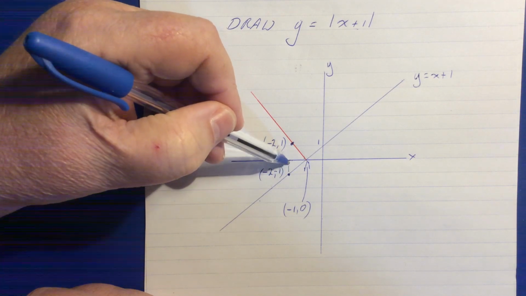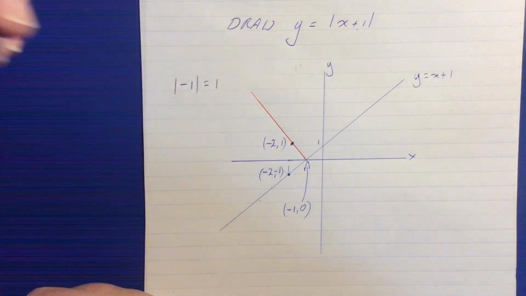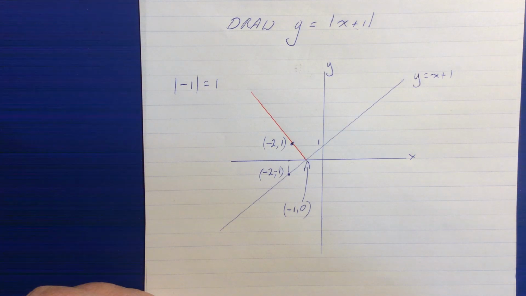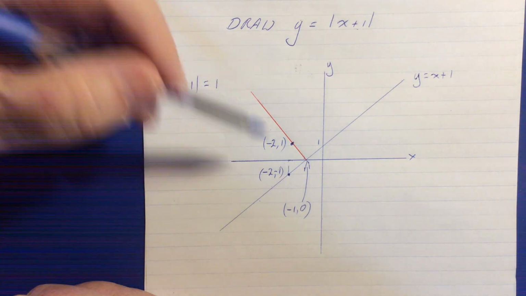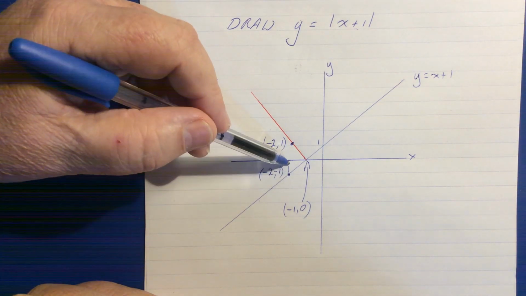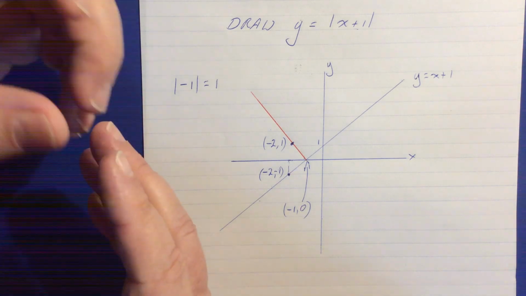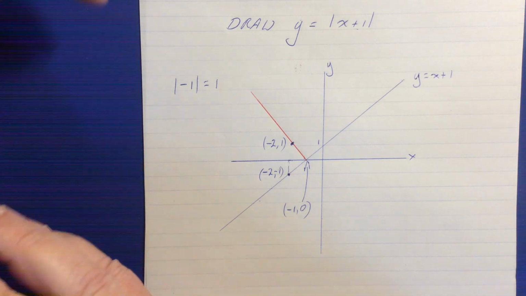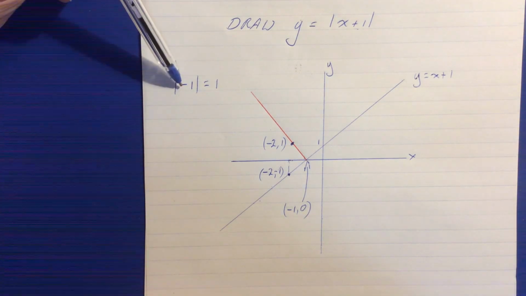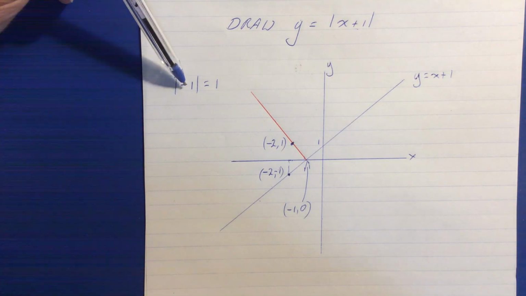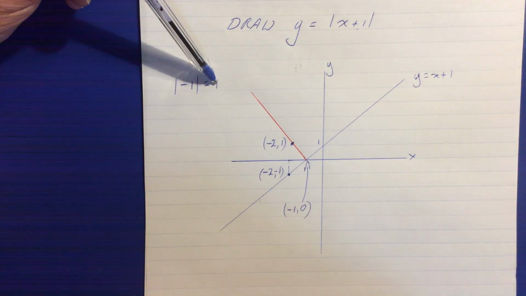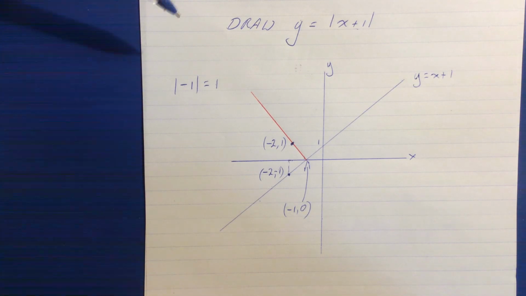The distance between those 2 points is 1 unit, whatever that unit might be. We measure in terms of distance. The basic rule is that the absolute value of negative 1 is its distance from 0.